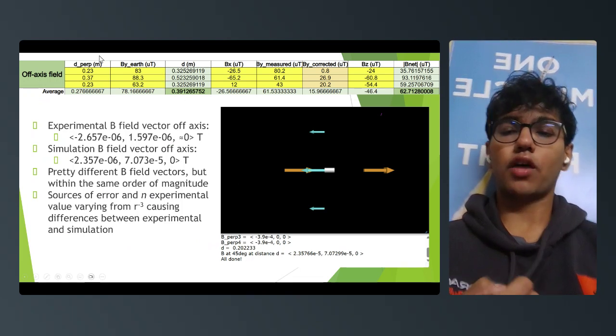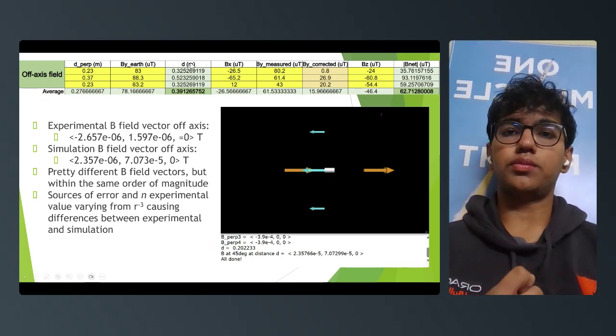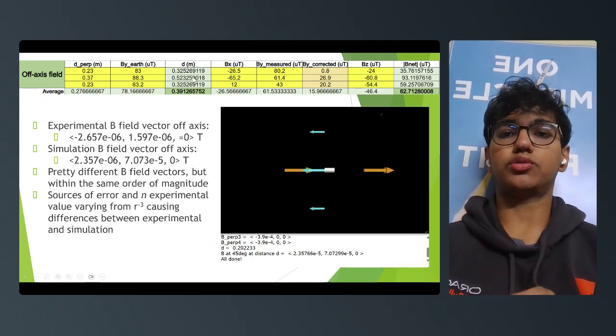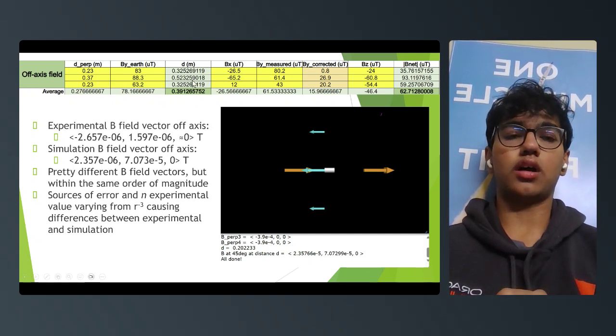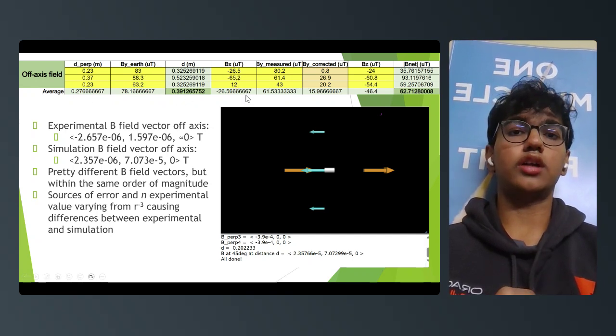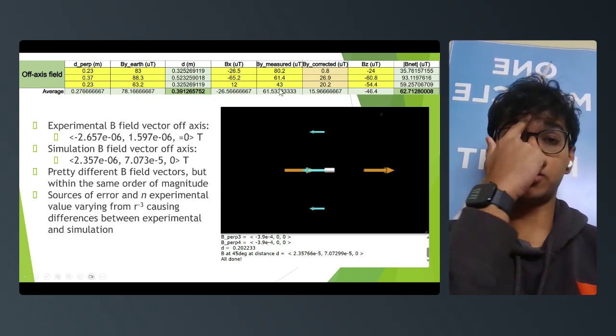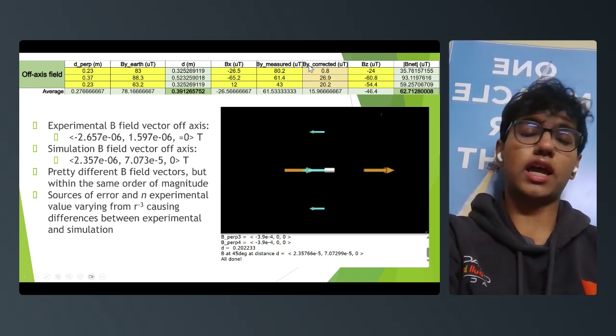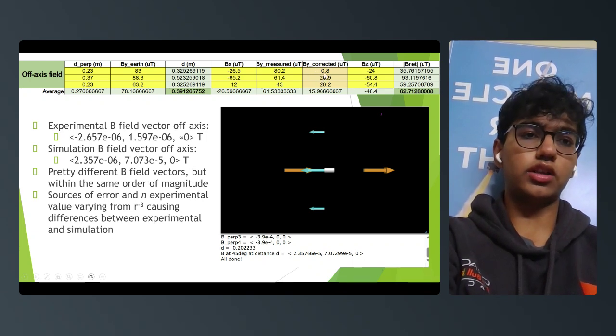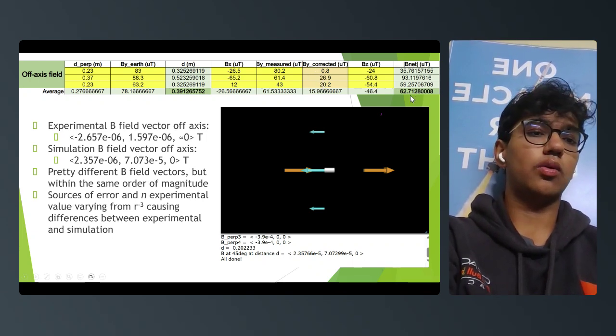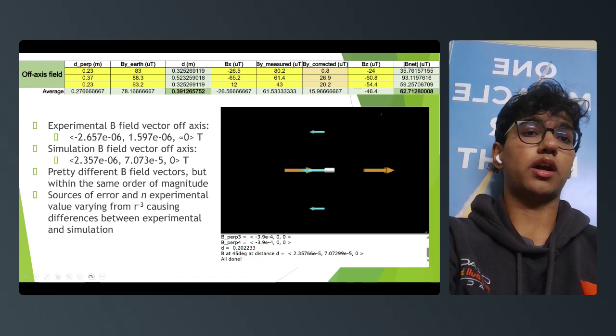Our final results include our D, the average distance, was 0.39, and our d-perp was 0.27, and our B_x was this. These are all in microteslas, by the way. The magnetic field measurement B was corrected for, and this was the final value, and then the final B net was 62.7 microteslas.